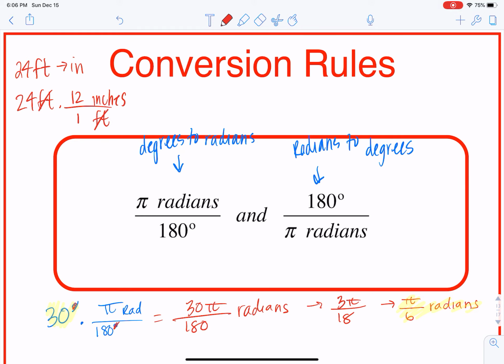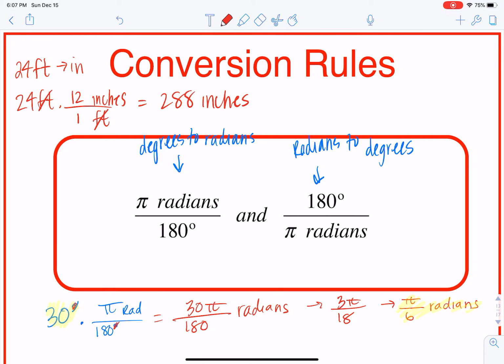My feet units will simplify out with each other, and 24 times 12 is going to give me 288. So 288 inches is how many inches are in 24 feet. So it's really similar to dimensional analysis if you've done that before.